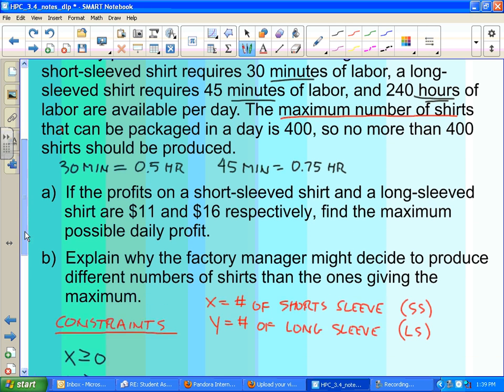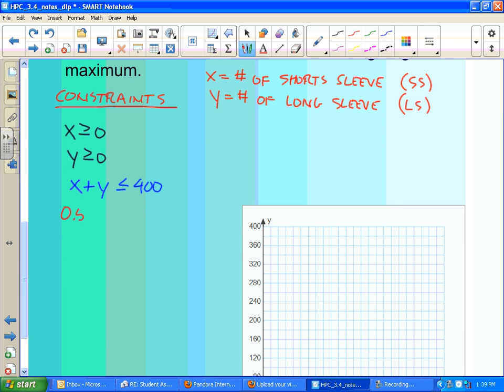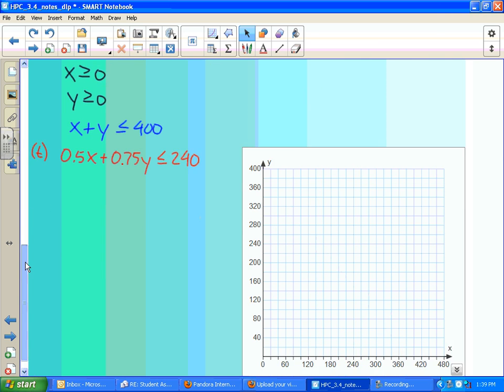So 0.5X plus 0.75Y is less than or equal to 240. Very good. So we've got time, number of items, and then our two generic constraints, we can't produce negative shirts. So we've now limited ourselves to this first quadrant.